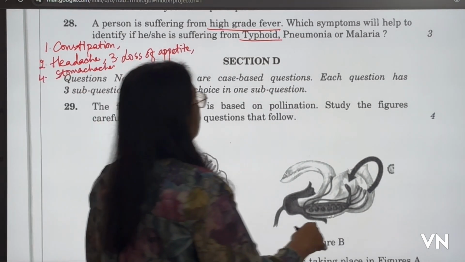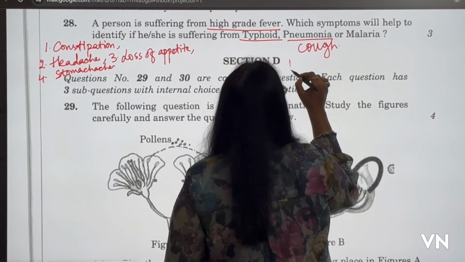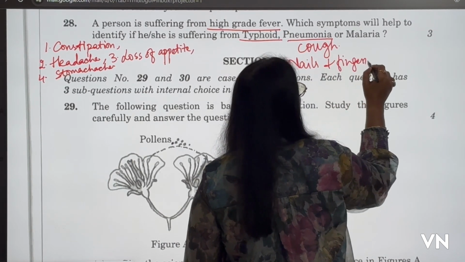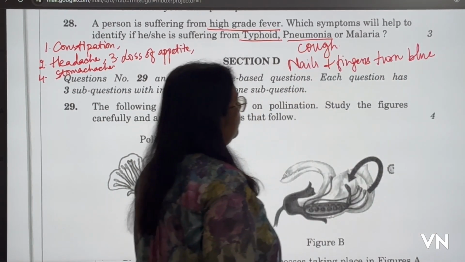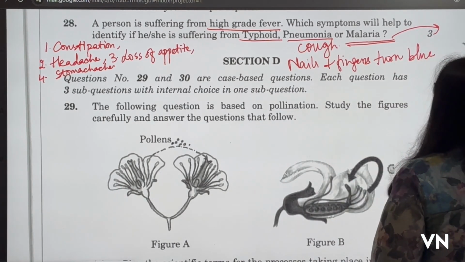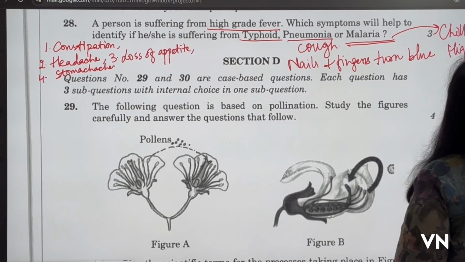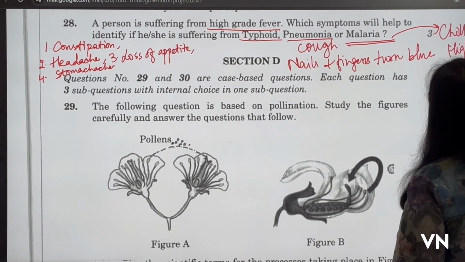In case of pneumonia, there may be cough and nails and fingers turn blue. For malaria, the symptoms are chill and high fever that recur every 3 to 4 days.